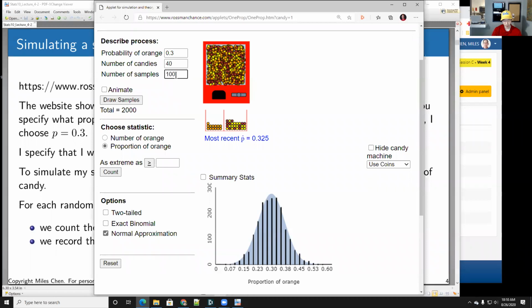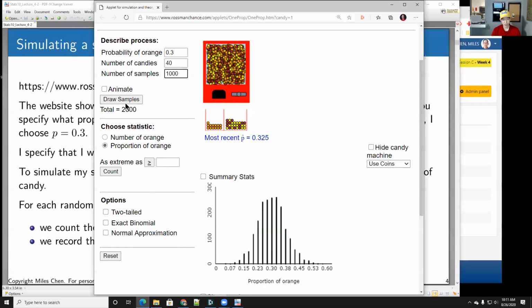And from the law of large numbers, we know that the more random samples I do, the closer it's going to match the theoretic. The exact theoretic is technically the binomial, and what we're saying is that the binomial can be approximated with the normal distribution.